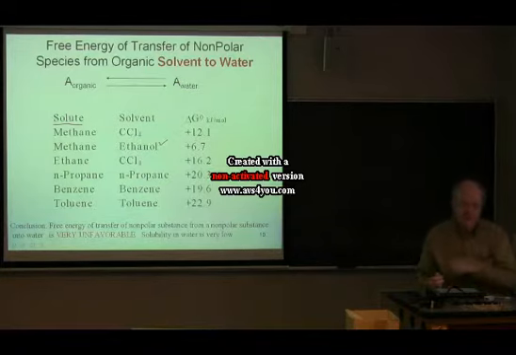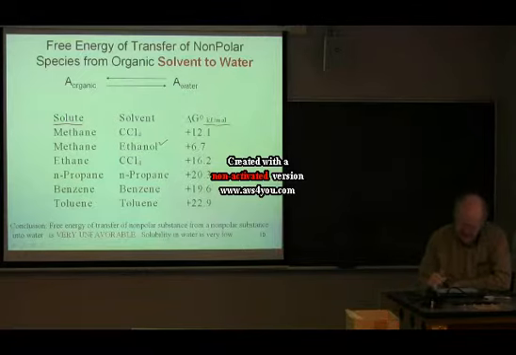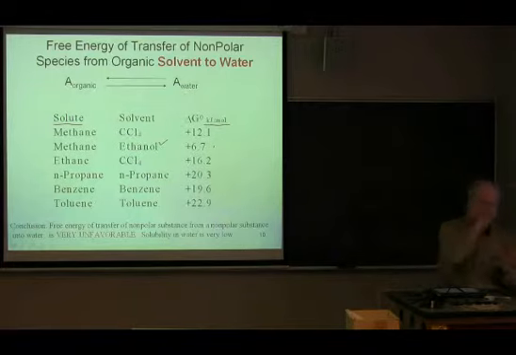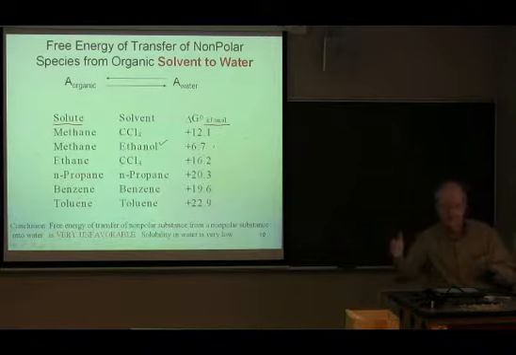Even ethanol, although ethanol does dissolve nicely in water, but we're concerned with the transfer of methane from ethanol into water. And here are the delta G's, and these are kilojoules per mole. They're all, except for the ethanol, greater than 10 kilojoules per mole. They're rather unfavorable processes. These equilibrium constants would be considerably less than 1. Okay, so we agree that the transfer of a nonpolar from a nonpolar solvent into water is unfavorable.